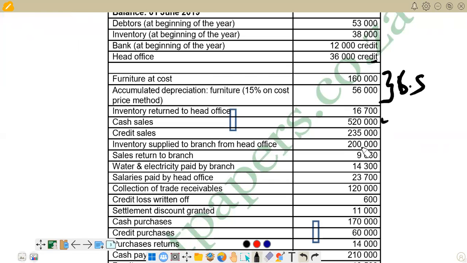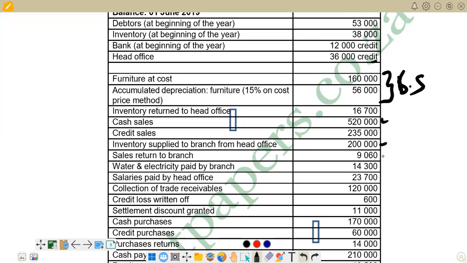Right, on the next one, we are here. The next one is sales return to branch. We have got a sales return that is going to this branch. You'd see that this sales return is going to reduce the figure for sales.